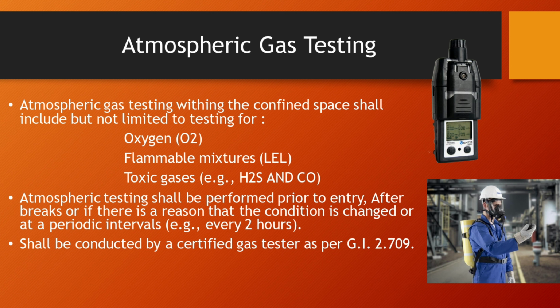Atmospheric gas testing. Atmospheric gas testing within the confined space shall include, but not be limited to, testing for oxygen, O2, flammable mixtures, LEL, and toxic gases, for example, H2S and CO. Atmospheric testing shall be performed prior to entry, after breaks, or if there is reason to believe the condition has changed, or at periodic intervals, for example, every 2 hours.